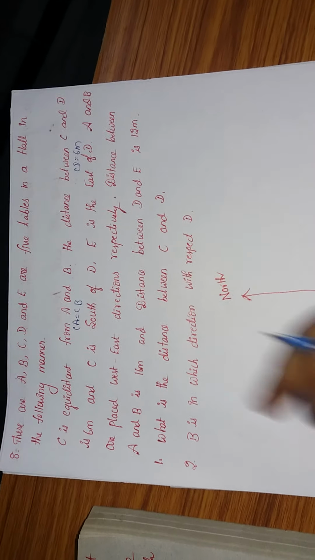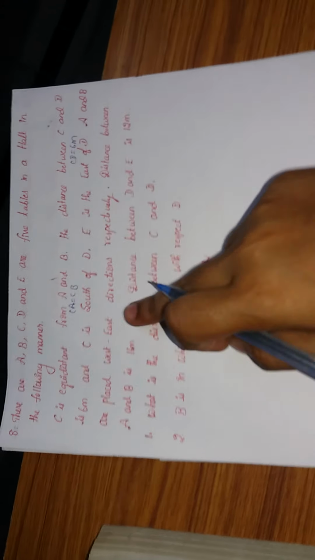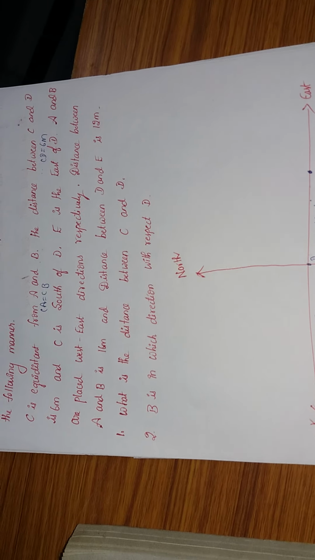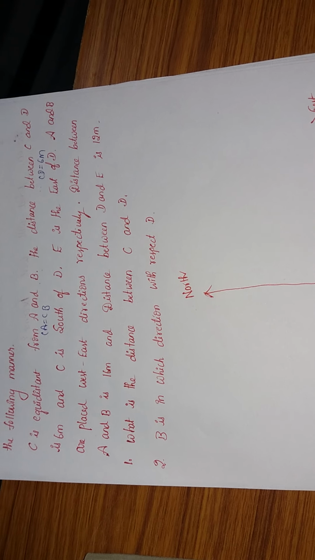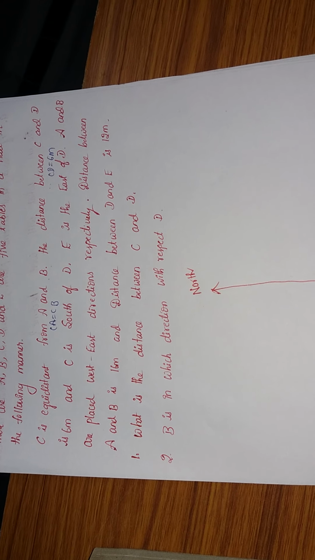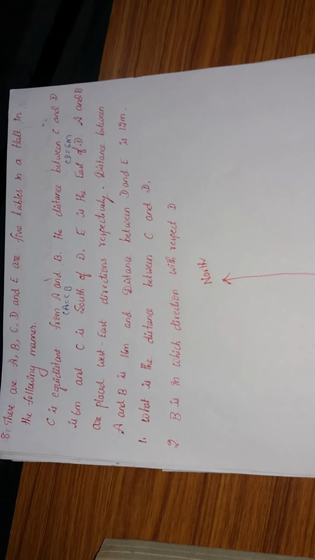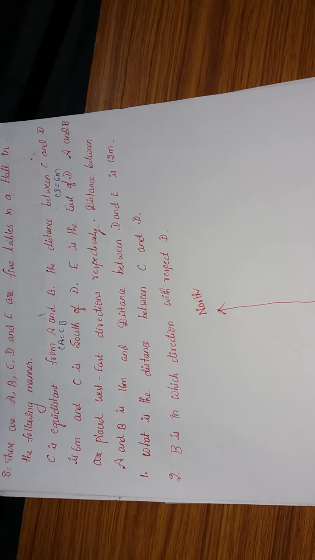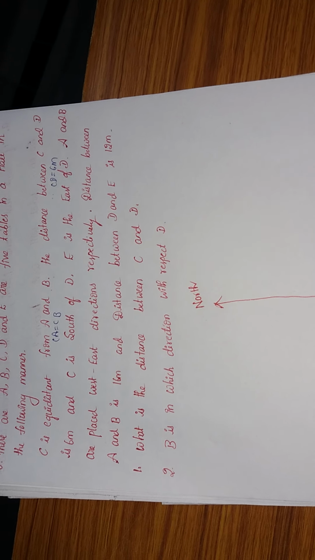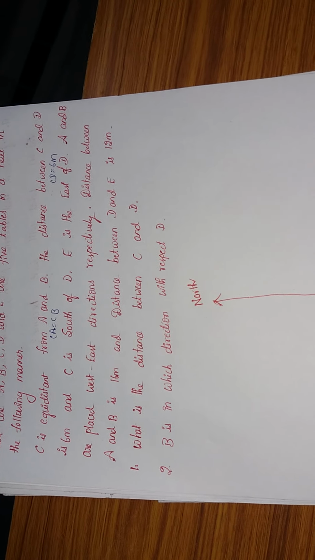A and B are present in the west and east directions of C. So A is here and B is here. The distance between A and B is 16 meters, so it is 8 meters and 8 meters.